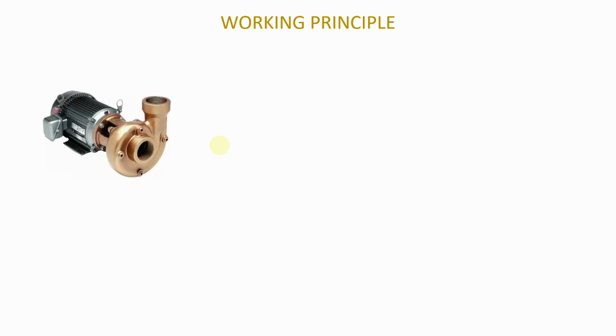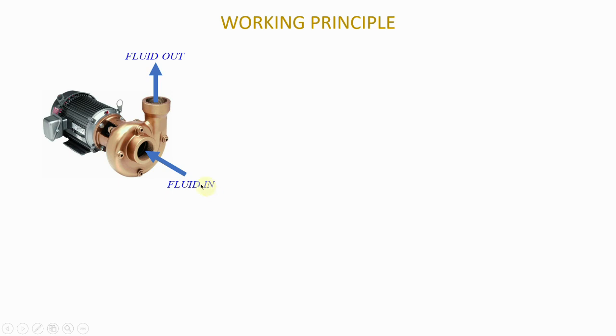And so what you are looking at on the screen right now is a centrifugal pump, and it is connected to a motor. So what you see here is the centrifugal pump, and it is connected to a motor. And so the way it works is water will come in this way, or whatever fluid you're using, it will come in this way and it will be discharged in that direction.